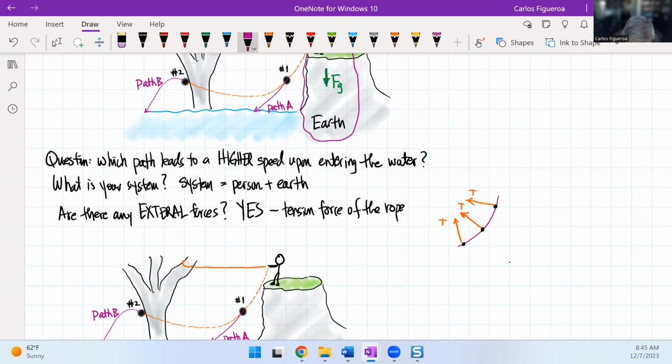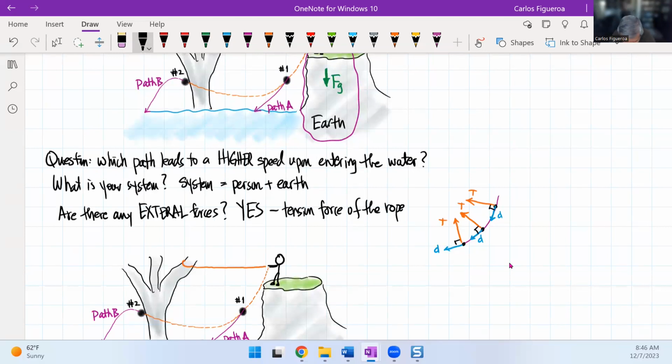However, there's the path. What's the path in this situation? The displacement is always perpendicular to the tension force.